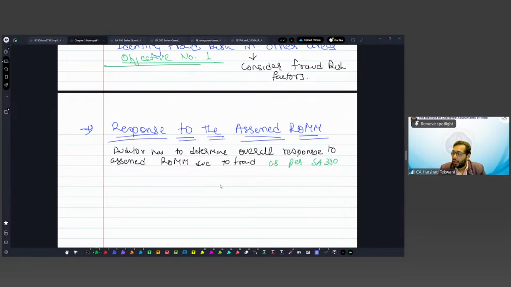Trust me. I told you revenue recognition is a critical area, a significant risk. Say, for example, I have got the audit of an insurance company. I asked my first year article to test the revenue.